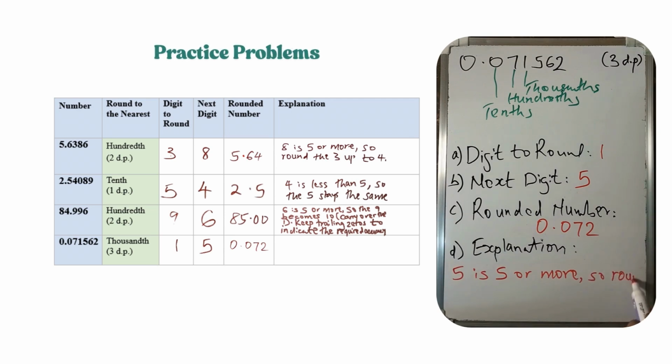So round the 1 up, and when you round up, it gets 2. So round the 1 up to 2.